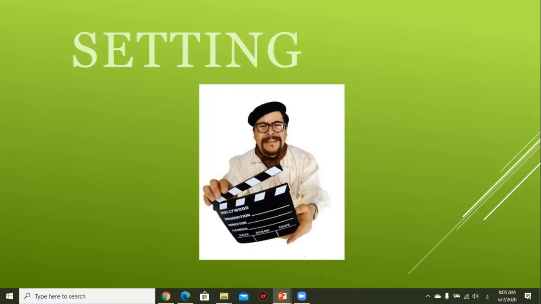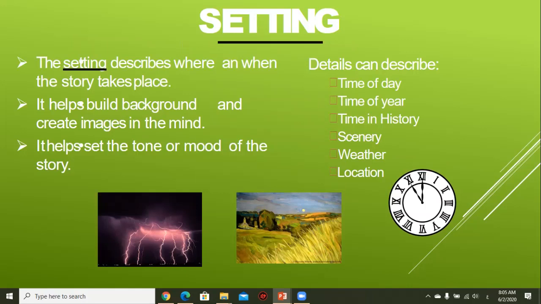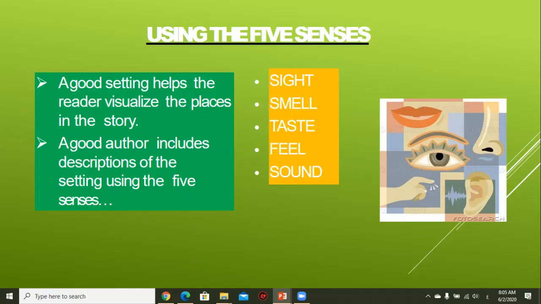Also, we are talking about the setting. The setting is the place, and we describe the story place with the background, the tone, the mood, everything. And also, we should mention the time in every story because sometimes it has a major part in the story.